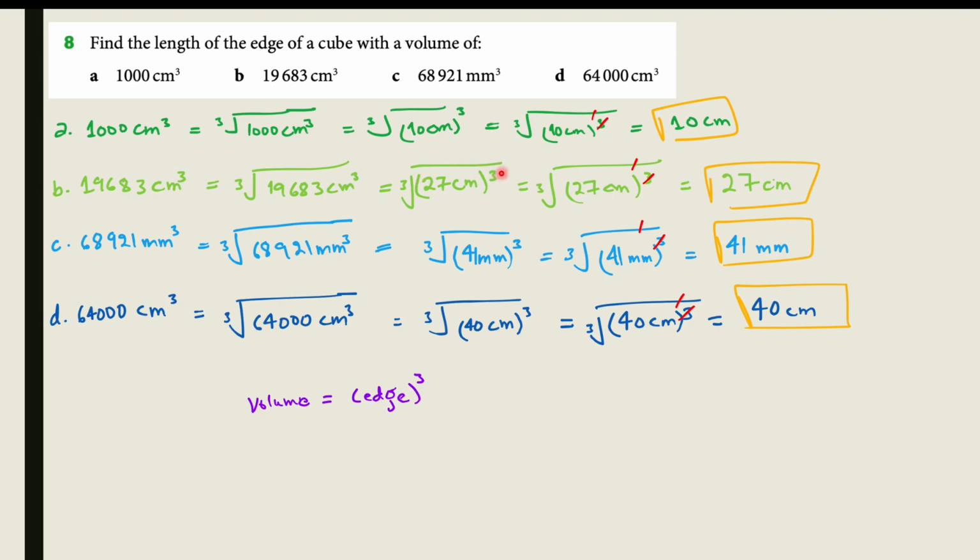So again the cube gets cancelled with the cube root, and we get 27 centimeter as the length of the cube, which has the volume of 19,683 centimeter cube.